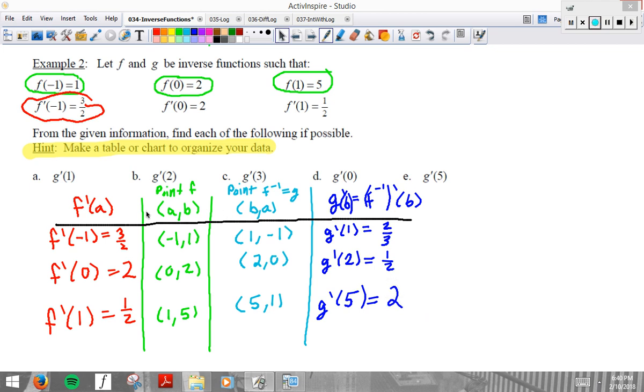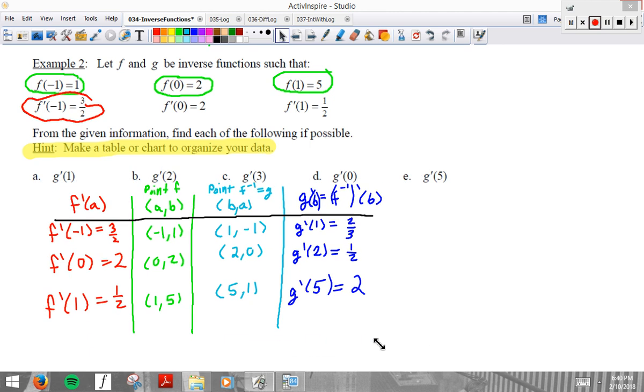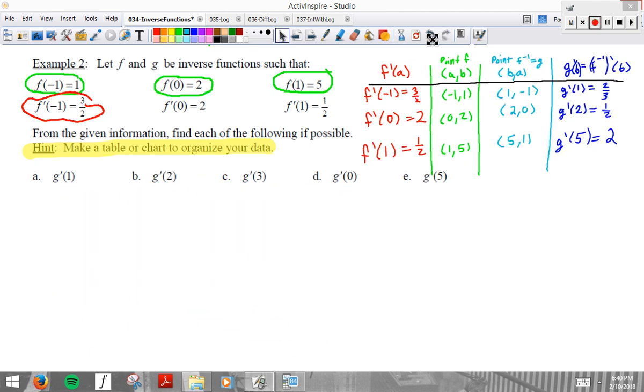So that's the table in a nutshell. We take the values here and we find the reciprocals. So like I said, I hope you made your table somewhere up there.